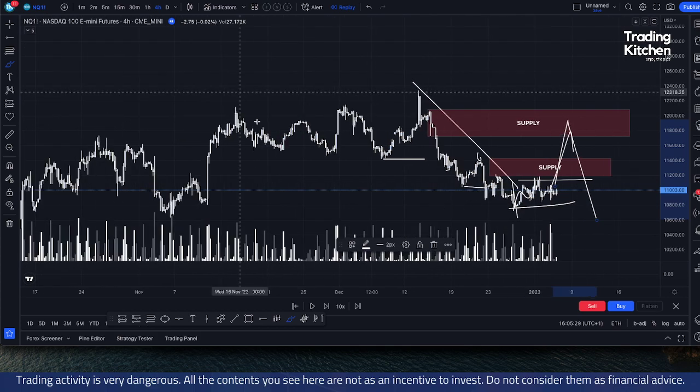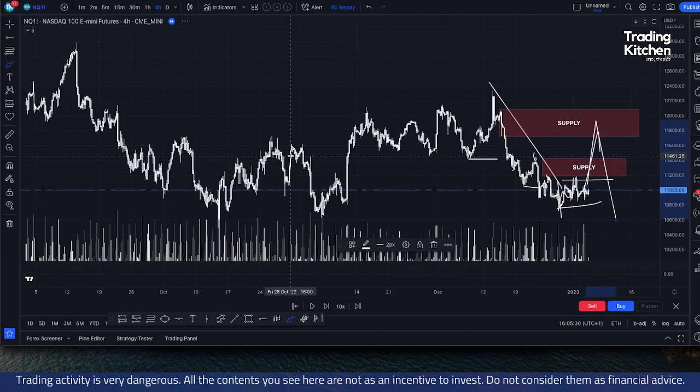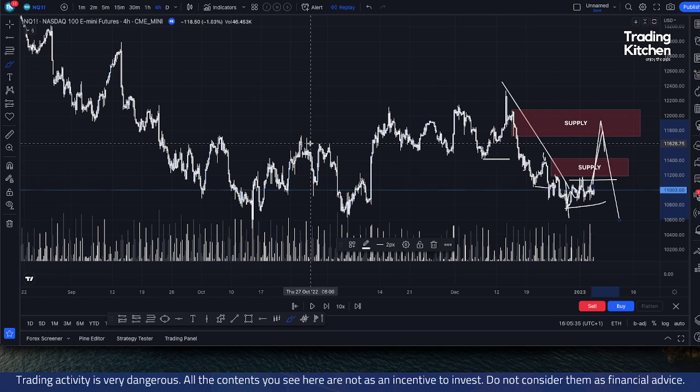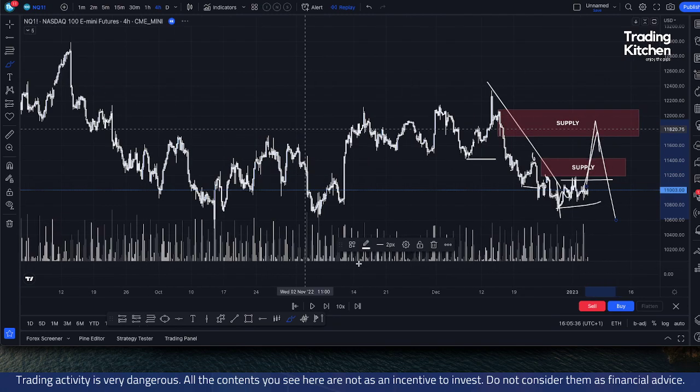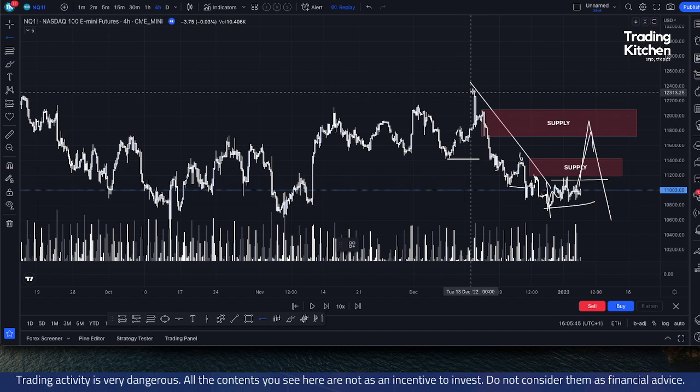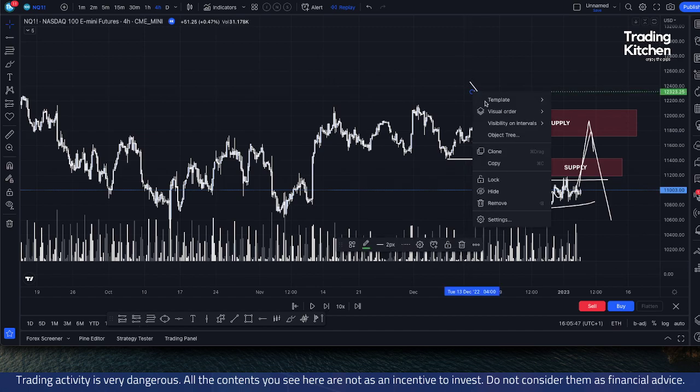I will consider a complete reversal setup only if I see strong bullish momentum and this structure broken.